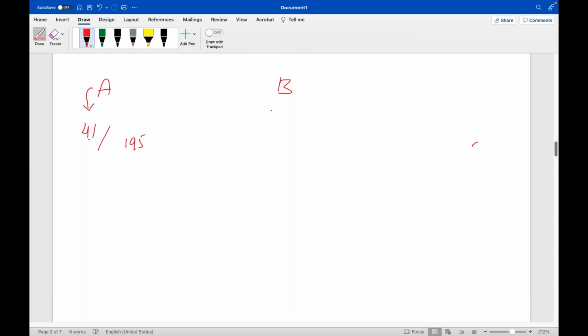In the same way, drug B works on 351 out of 605 people. So 605 is the sample, you apply the drug on 605 people, and we get the best result on 351. For drug A, you take 195 people and it works on only 41. Now I want to compare these two drugs. Which one is the best?